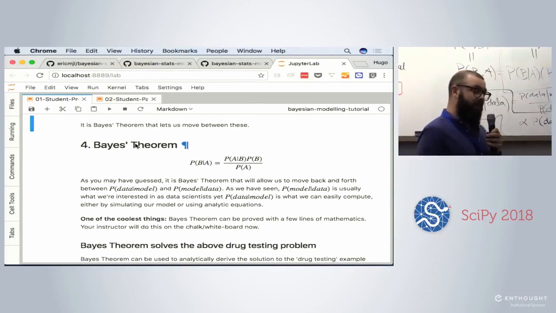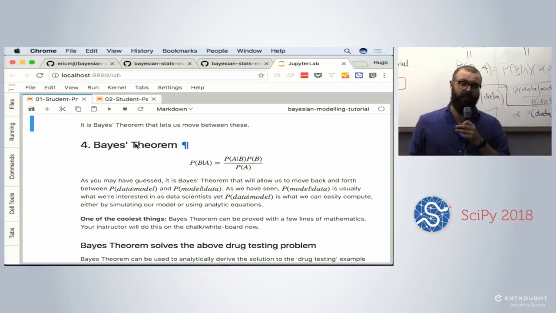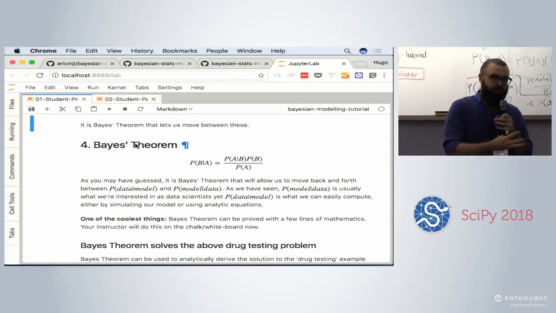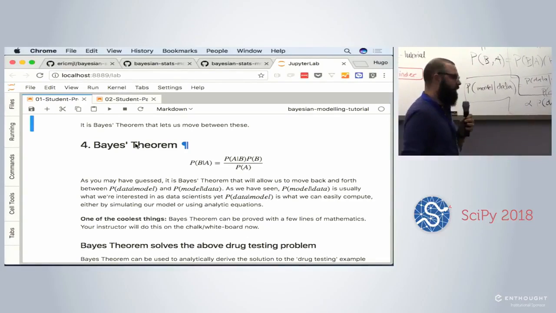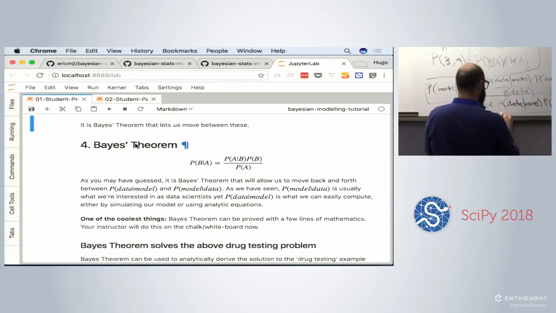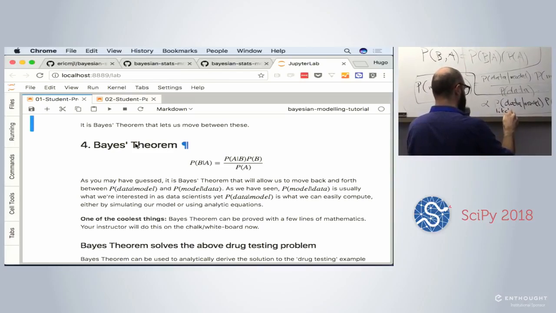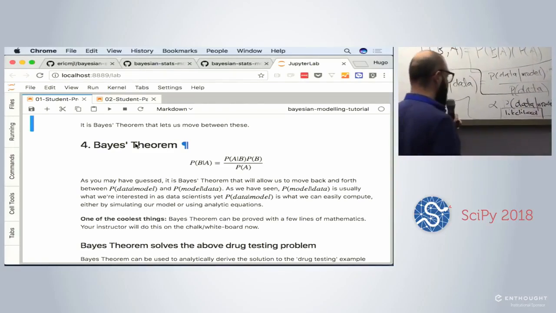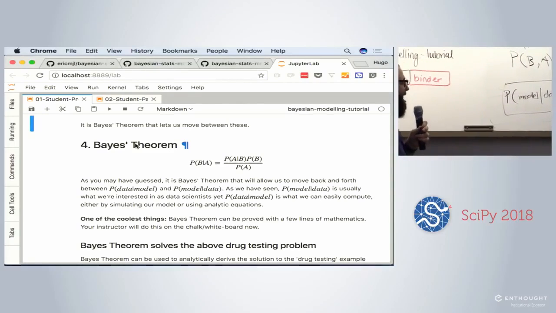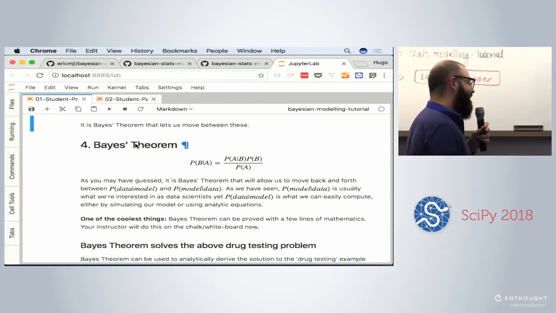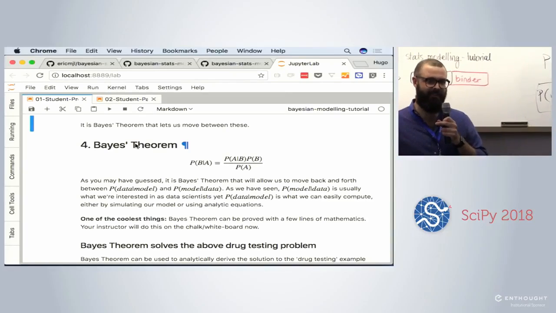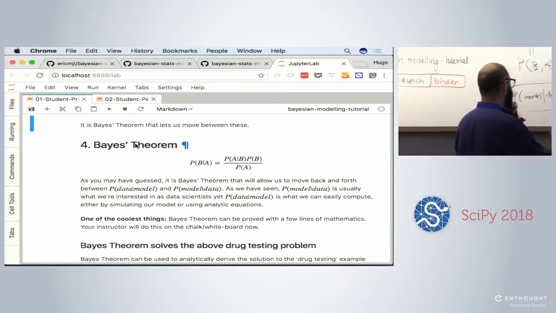The probability of seeing some data given a model, we can also call the likelihood of seeing data given a model. So this is the likelihood. And this, because it's the probability of the model after the data, post means after, it's kind of Latinate, we call the posterior.